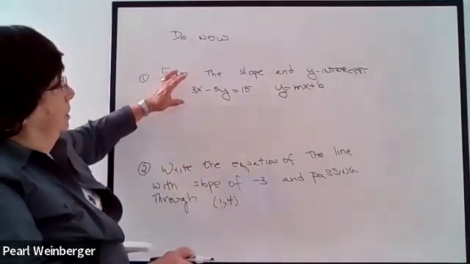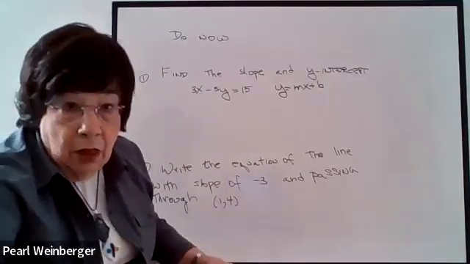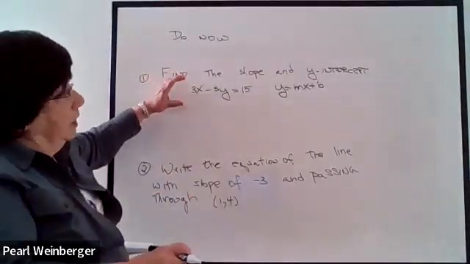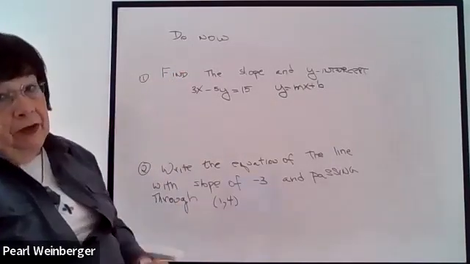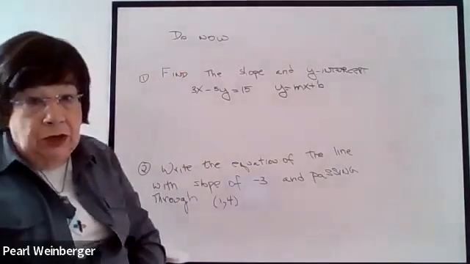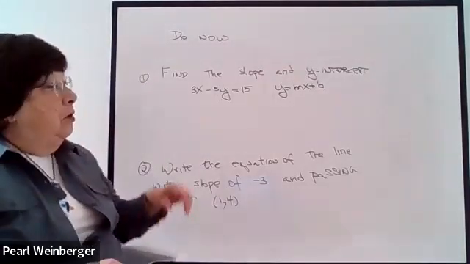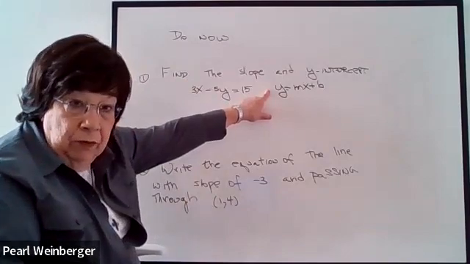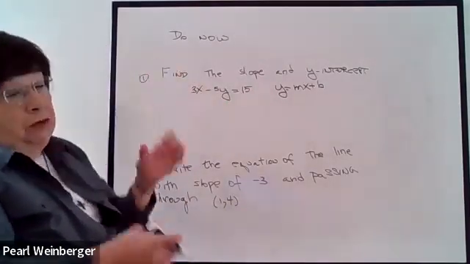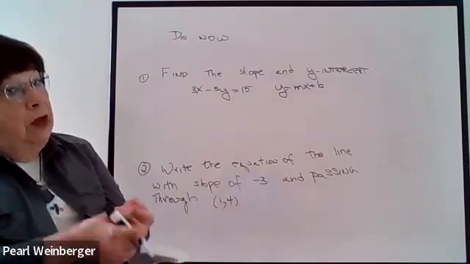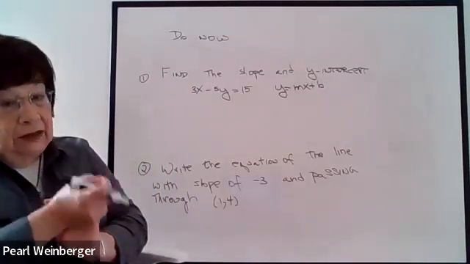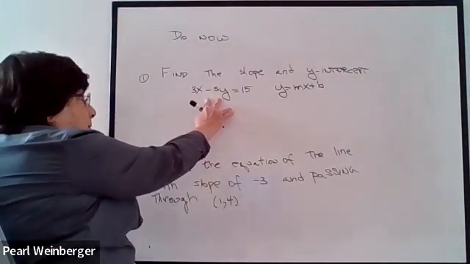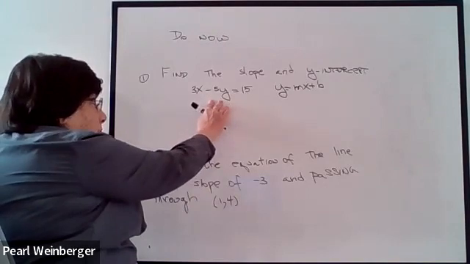So when we're given an equation of a line and we're asked to find the slope and the y-intercept, what we have to do is put it into slope-intercept form, y equals mx plus b form, and then we'll look at the number that's in front of the x, that'll give us the slope, and we'll look at the number that stands alone, the constant, and that will give us the y-intercept. So I'm aiming to get the y alone.